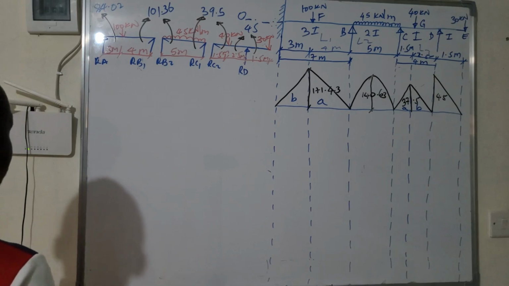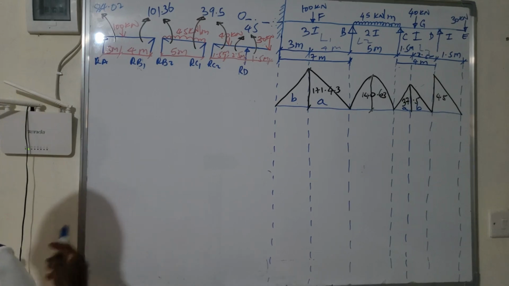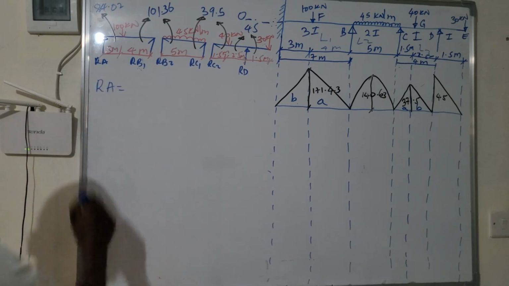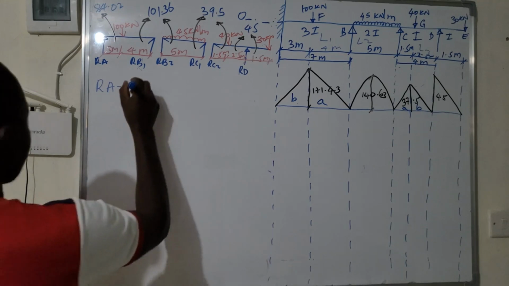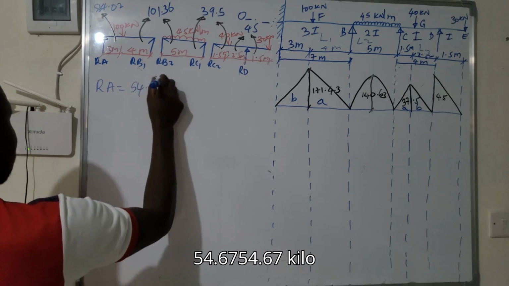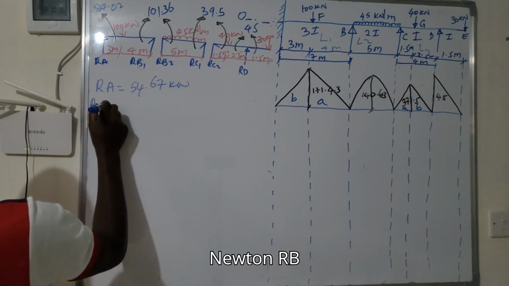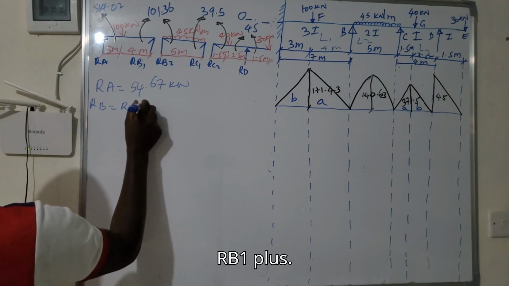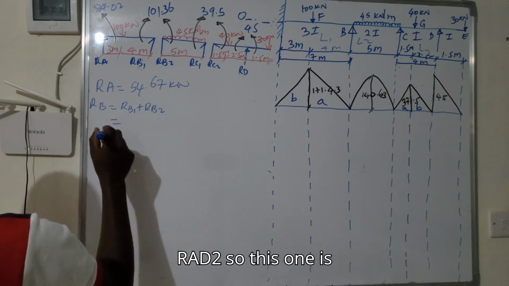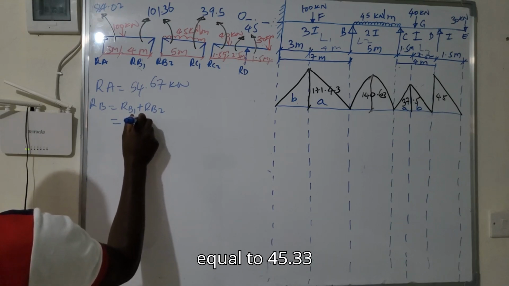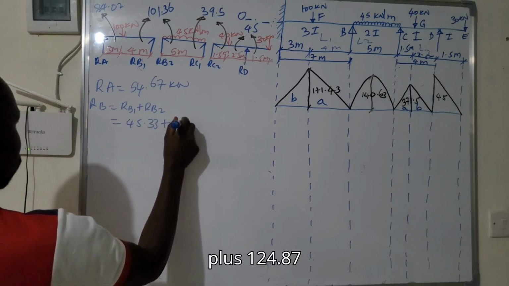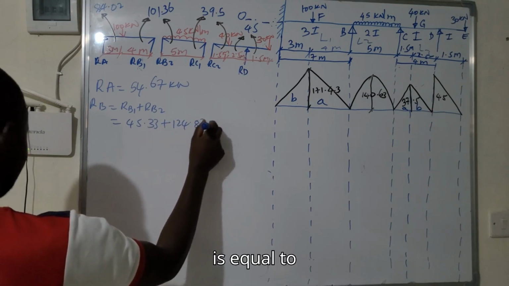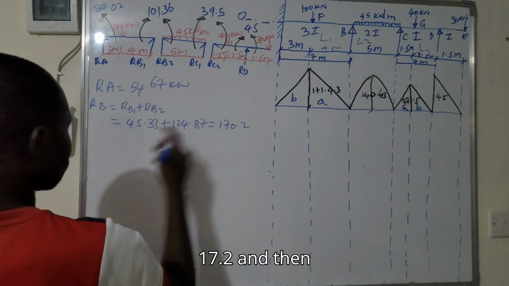So our RA was 54.67 kilonewton. RB1 plus RB2, so this one is equal to 45.33 plus 124.87 is equal to 170.2.